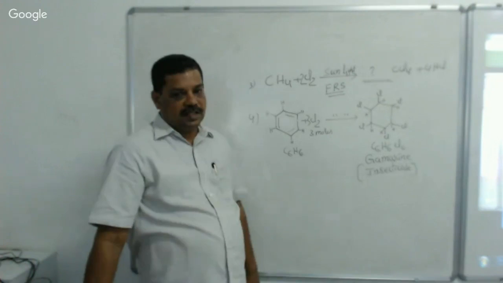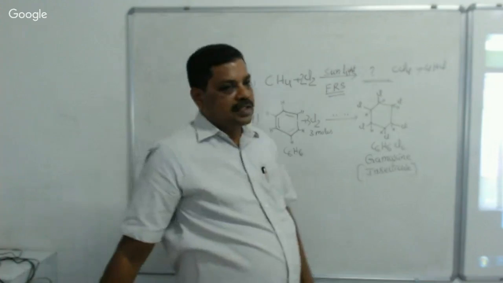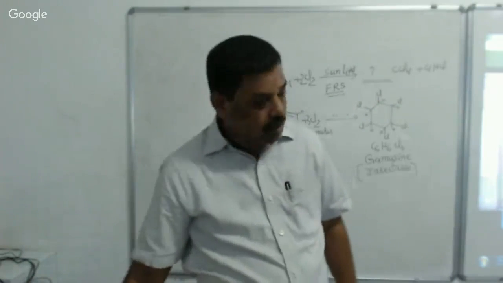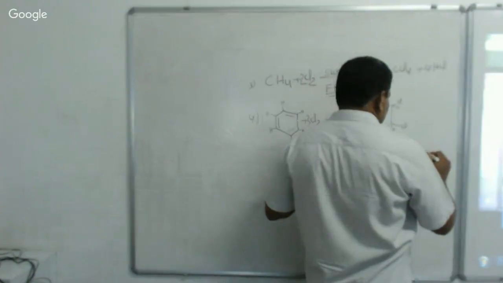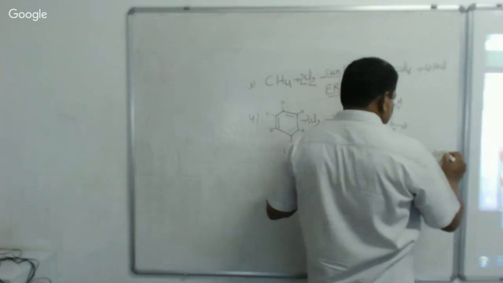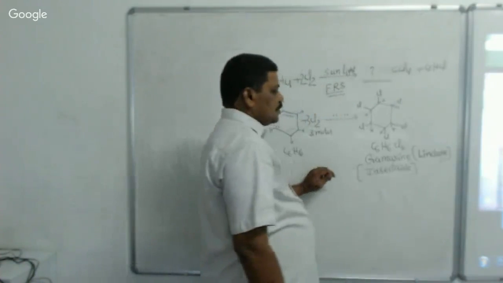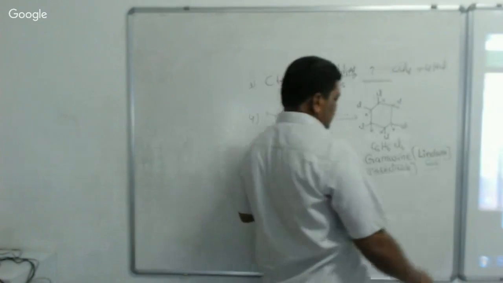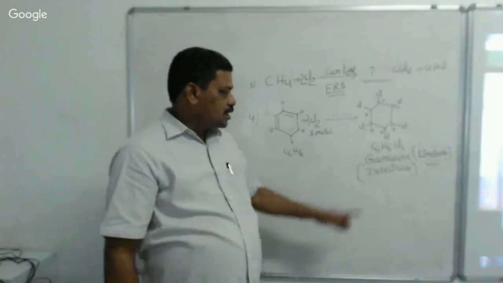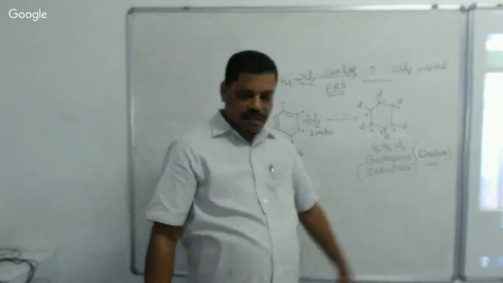Gammexane is also called lindane. It is also commercially called 666, because 6 carbons, 6 hydrogens, 6 chlorines.